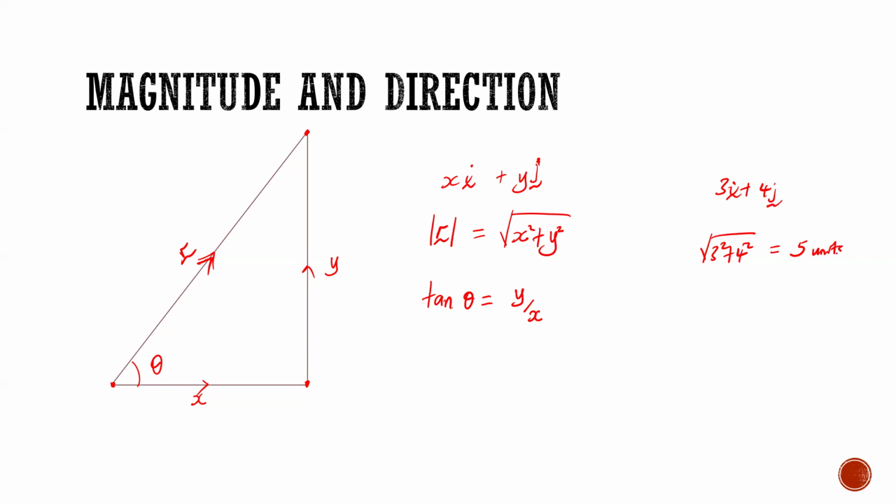So 5 units, depending on what quantity the vector is. And the direction with respect to the horizontal would be the arctan of 4 out of 3. And so that's how we get the magnitude and direction of vectors.